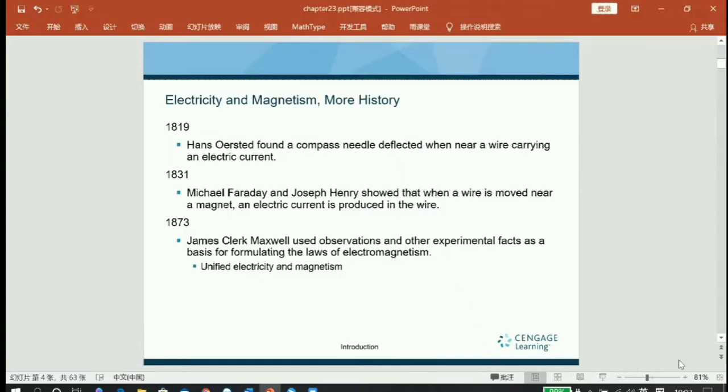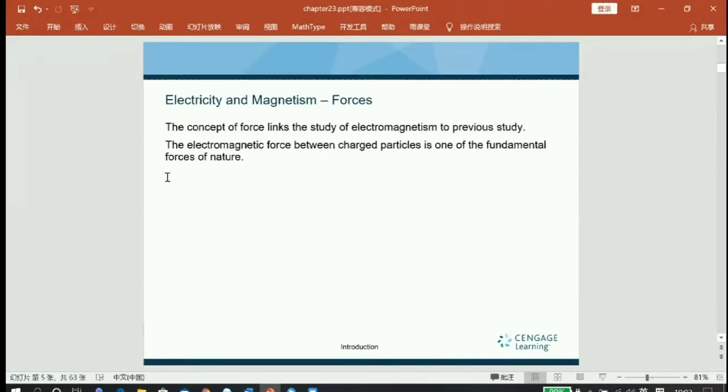So, what else? The concept of force links the study of electromagnetism to previous study. The electromagnetic force between charged particles is one of the fundamental forces of nature. Like I said, even the bonds between atoms to form molecules are through this electromagnetic force all the time.